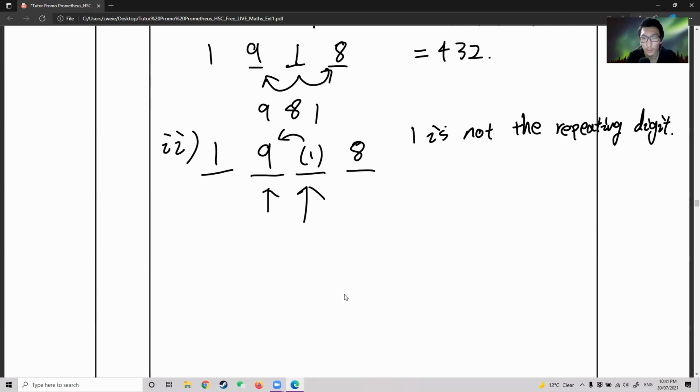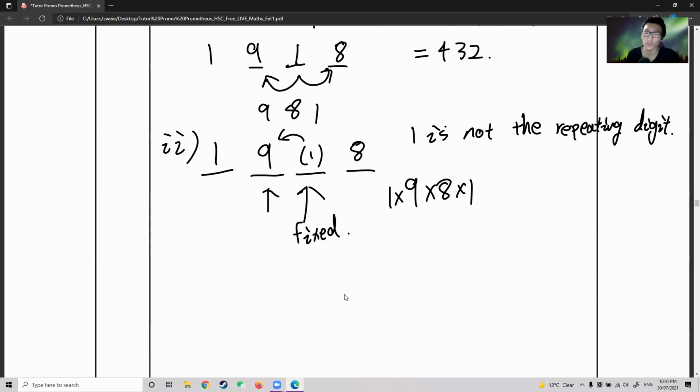So now instead of repeating my 1, I still have 1. This is still a fixed number. But instead of repeating 1, it will be repeating whatever I choose for my second number. This means I'll have 1 times 9 times 8, and then times 1 again.